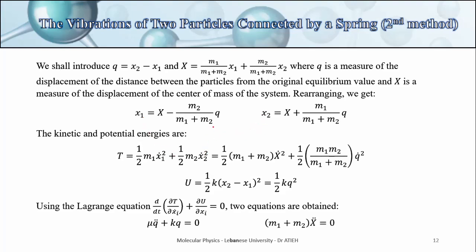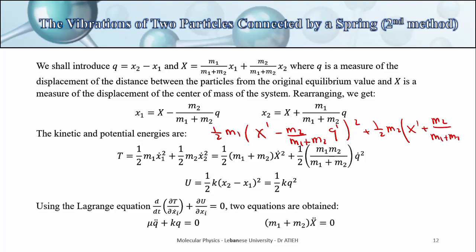So we will get half m1 times x prime minus m2 over m1 plus m2 q prime, all of it squared, plus half m2 times x prime plus m2 over m1 plus m2 q prime, all of it squared. So it's simply, there's not enough space, let me write here.